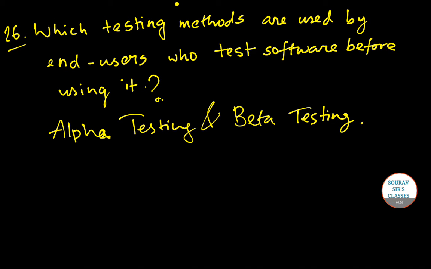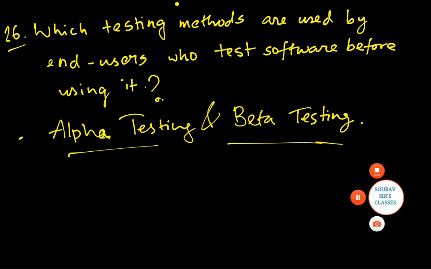Whenever products are launched by firms and companies, they undergo both alpha testing and beta testing before they are truly launched for the general public. So the answer is alpha testing and beta testing. Moving on to the next question.